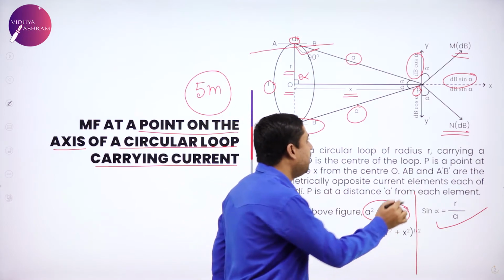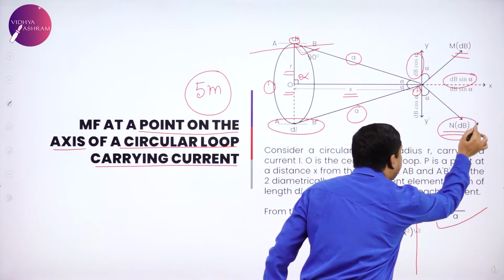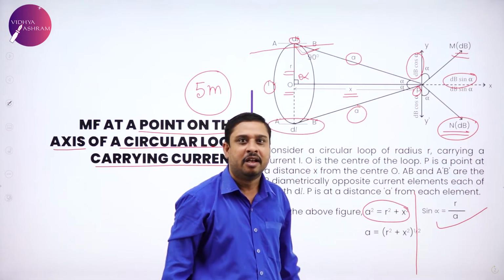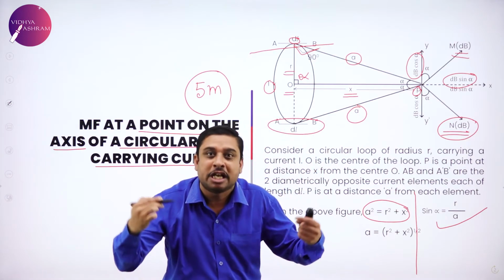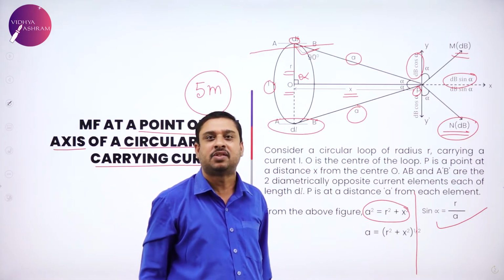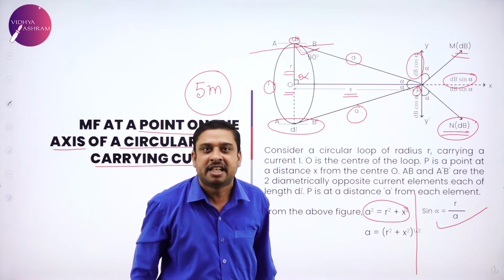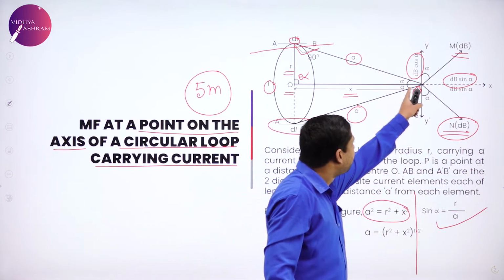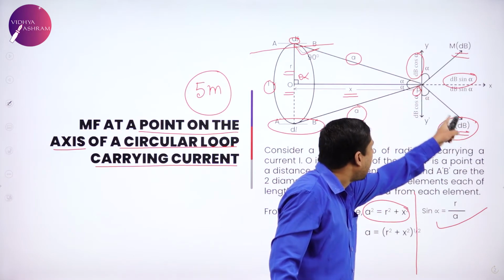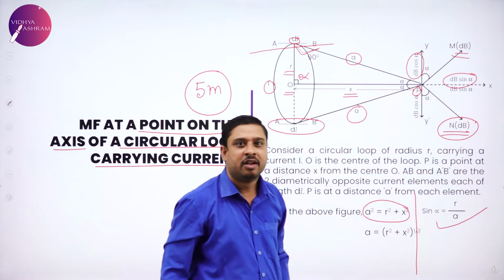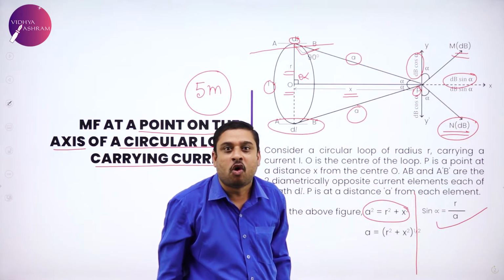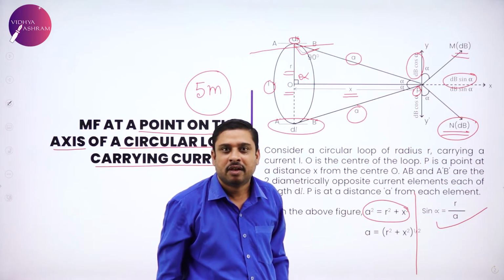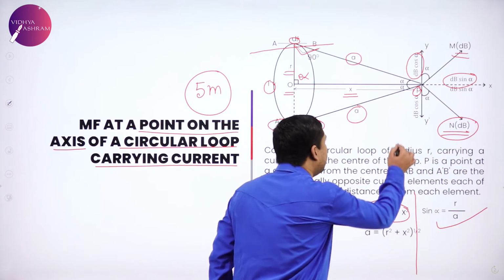Similarly, magnetic field along Pn is also resolved into two components. The magnetic field that is acting along Pn is also resolved into two components. Again, which are they?